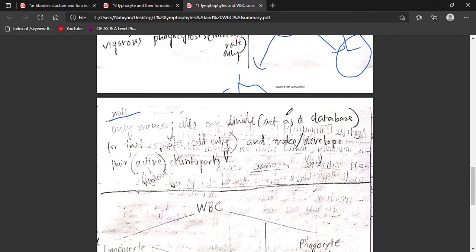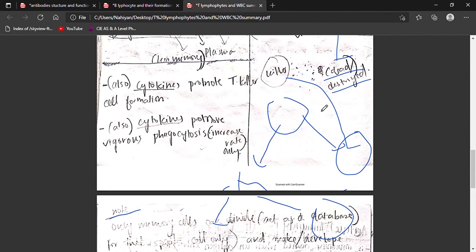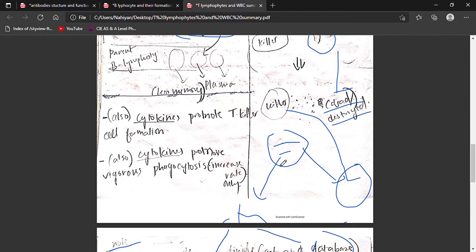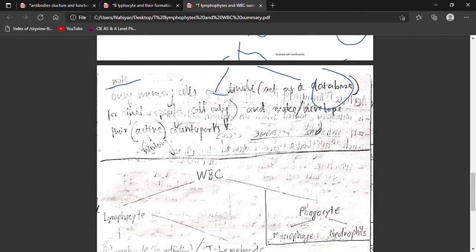And again from that memory cell you can produce more memory cells and also the killer cell itself. So we see that this is acting as a database for producing the killer cells, and as the killer cell does not live for that long, memory cells can live for that long. So that's how it's working together.